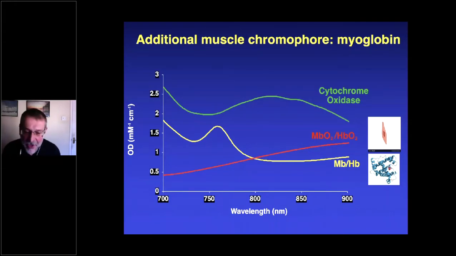It's anywhere up to 30 or 40%, maybe 50, maybe as low as 10. No one quite knows. But certainly when we talk about hemoglobin in the muscle, we're really talking about hemoglobin in the blood cells and myoglobin inside the muscle cells. Just assume I'm talking about myoglobin as well as hemoglobin in most of the talk.